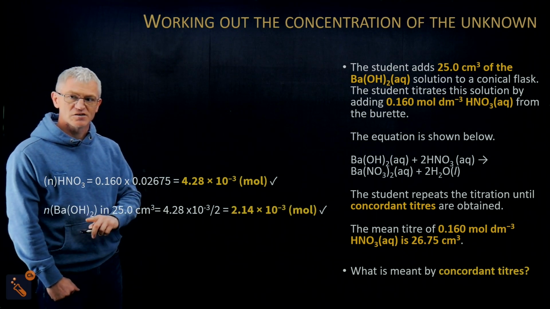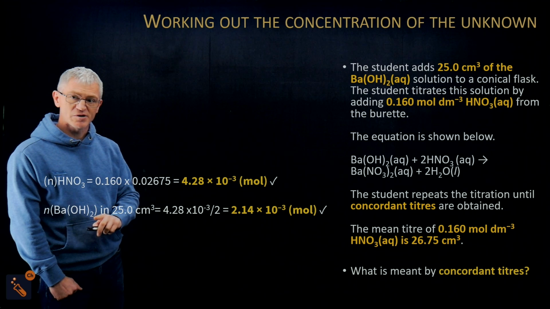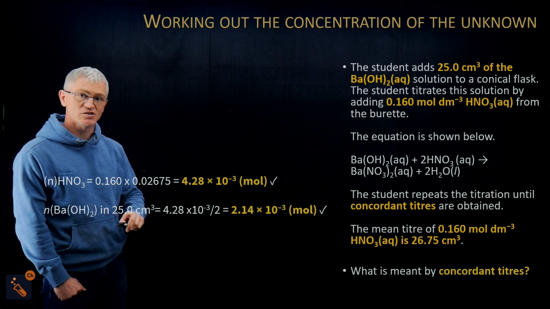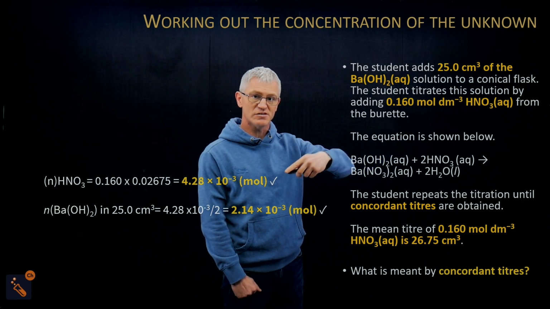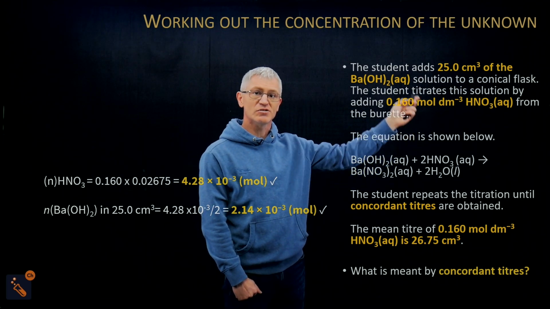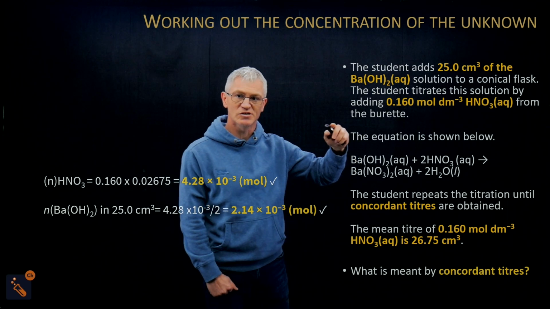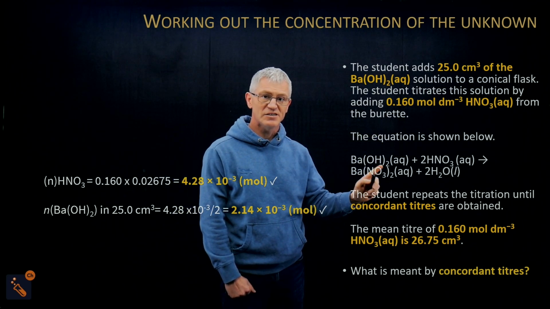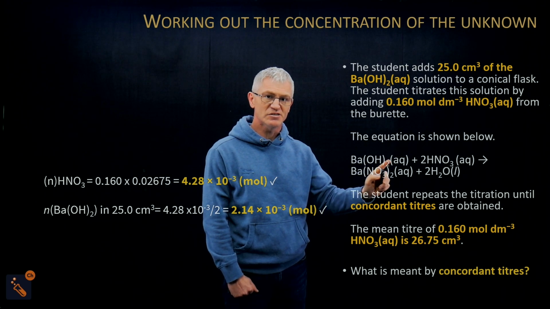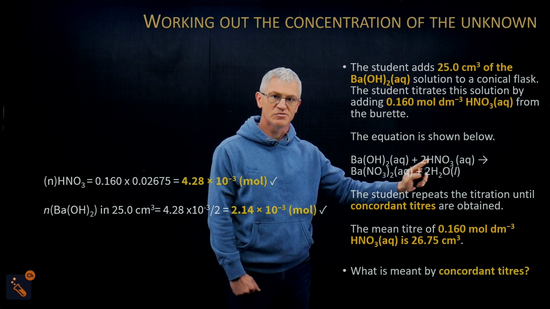Now, the number of moles of barium hydroxide in 25 centimetres cubed. We know this is the number of moles of HNO3, but it's titrated against barium hydroxide, 25 centimetres cubed. Now here's your ratio coming in, Ba(OH)2 to HNO3.